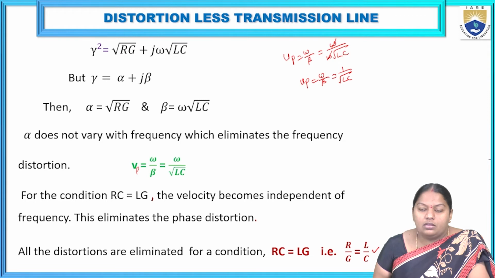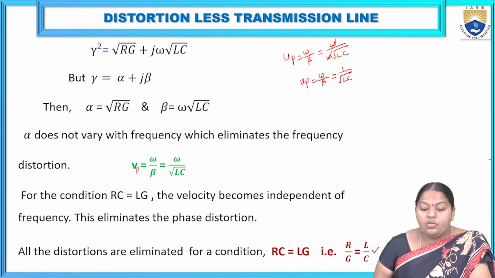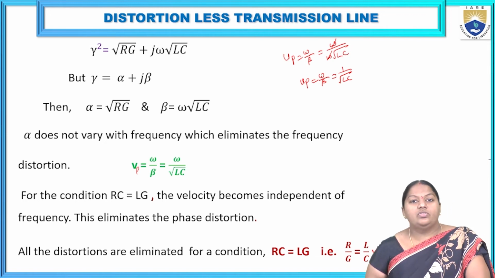Along with the propagation constant γ of a distortionless transmission line, we are also able to write the equation for the characteristic impedance Z0.